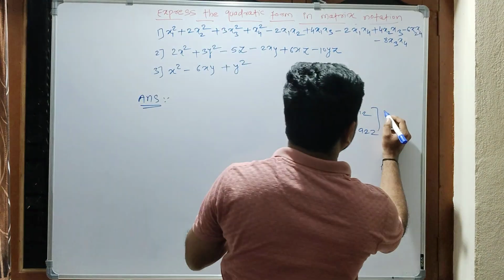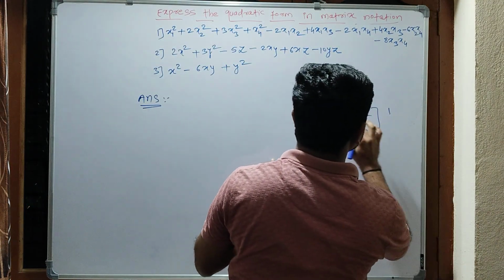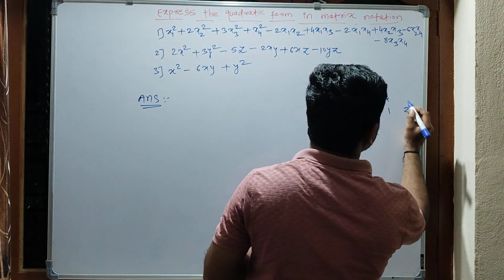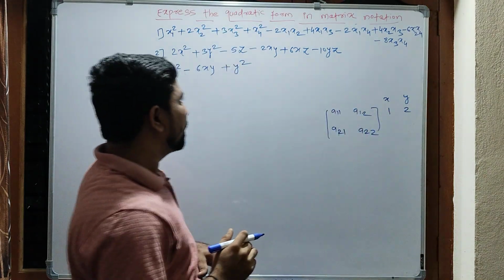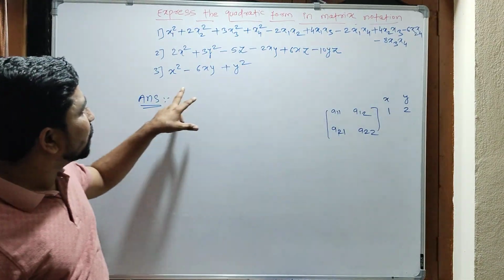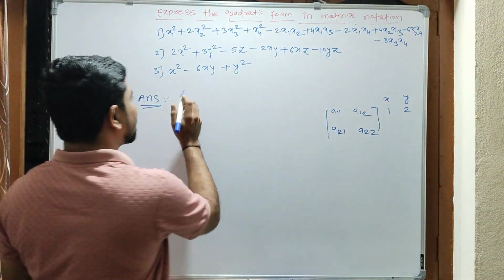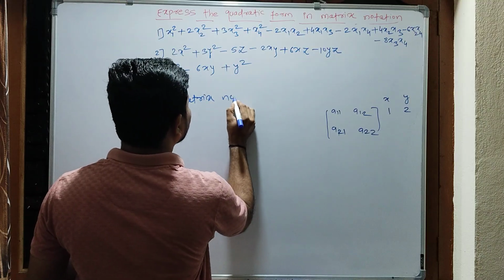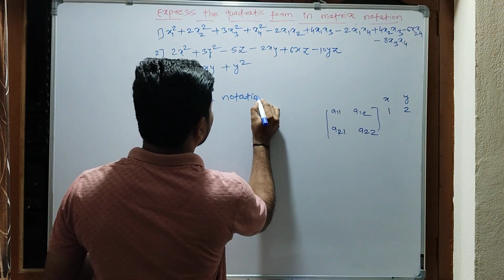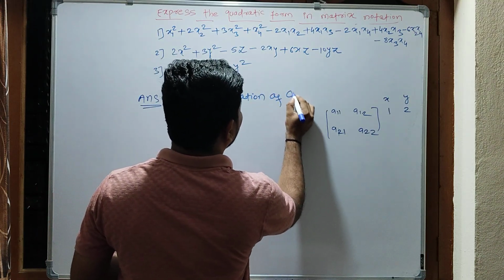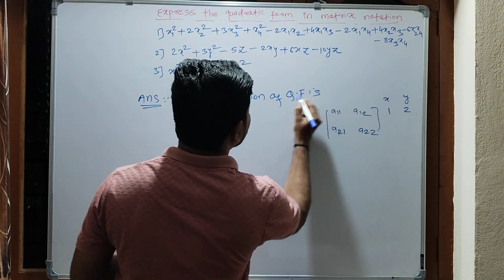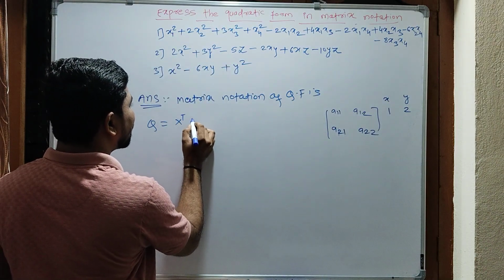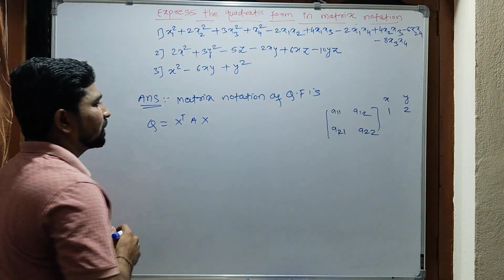Observe one thing: corresponding to 1 we have the unknown x, and corresponding to 2 we have the unknown y. The matrix notation of the quadratic form is Q equal to x transpose A x.